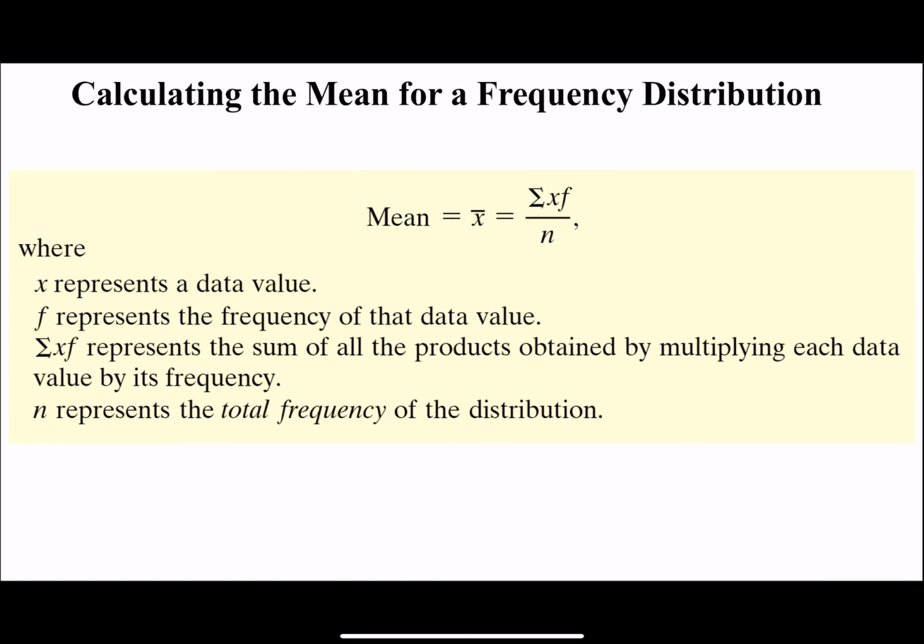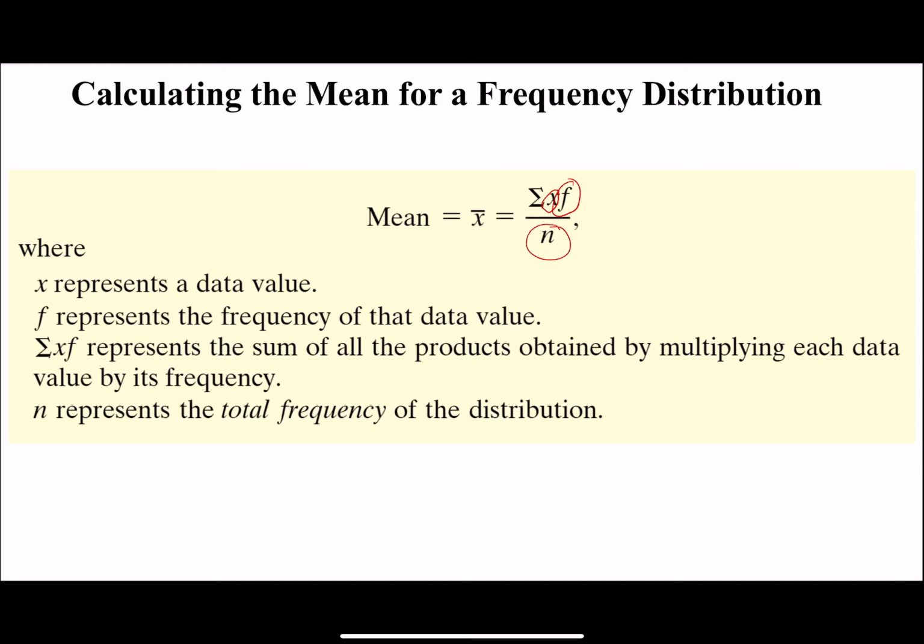Well, how do you calculate the mean value when you're given a frequency distribution? In that case, when I want to find the mean value, I actually multiply each item by its frequency. I add the results and I divide it by the number of data items that I have.